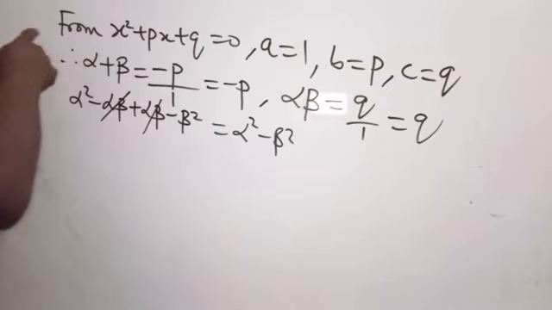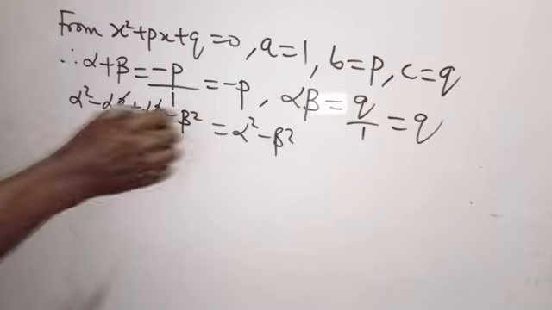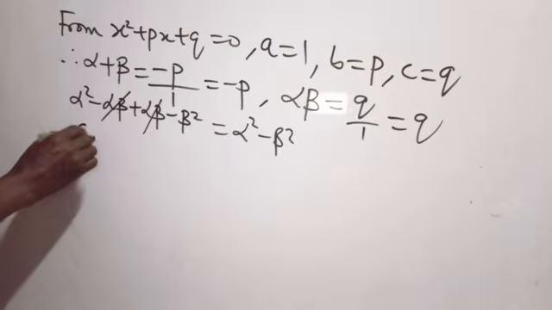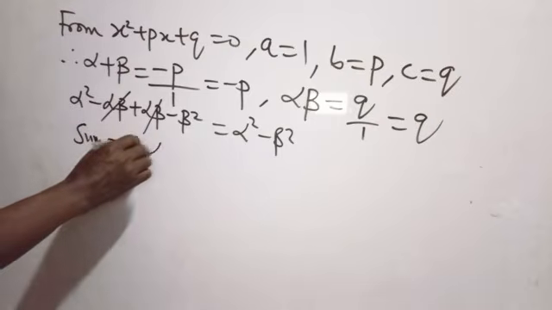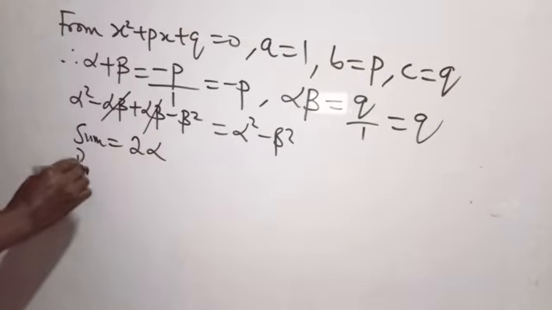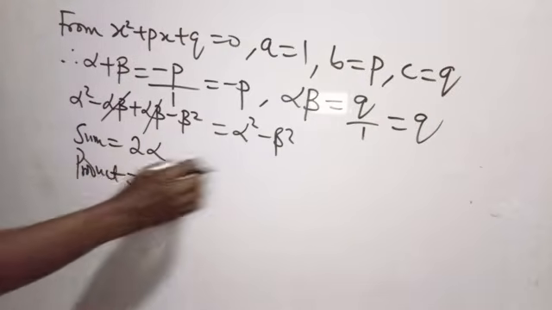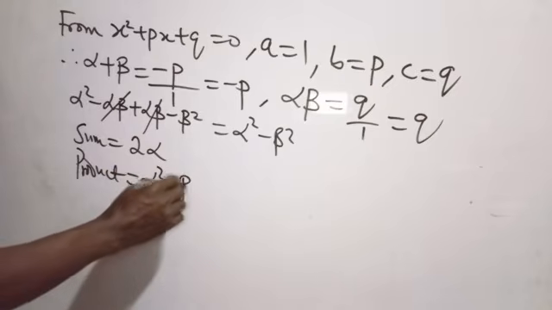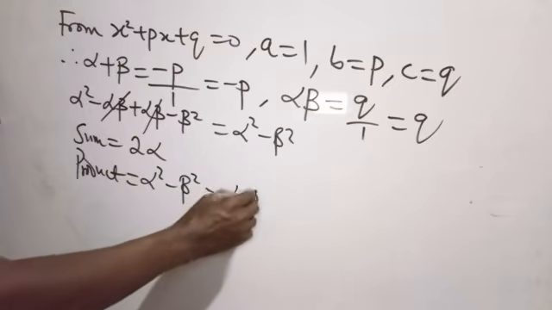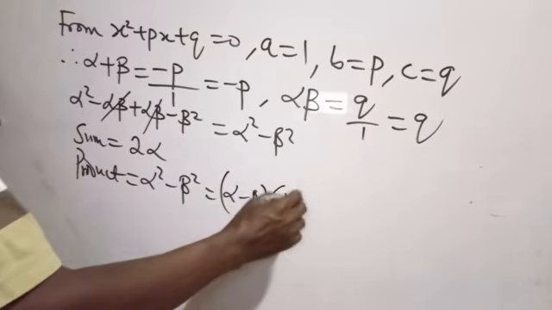So, we are still going to clean up this because it's going to confuse us. So, sum is equal to 2 alpha. Product is equal to alpha squared minus beta squared, which is the same thing as alpha minus beta, alpha plus beta.